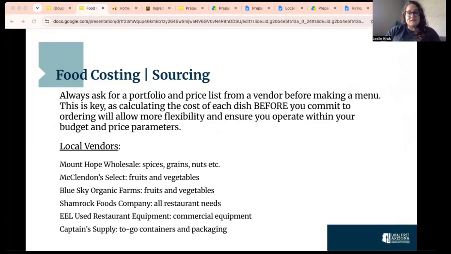Let's chat about sourcing, because this is one of the areas where you can affect the price of your ingredients directly from the provider or the vendor. So here's a list of some local vendors that I highly recommend utilizing or looking into to see what their prices are.